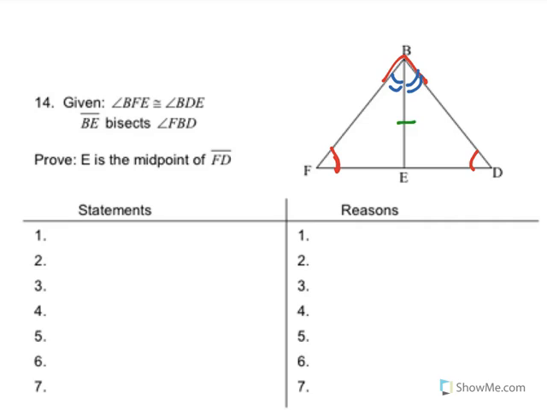And so we have an angle, and a side. So that should be enough to prove what we need. Because once we do that, we can use CPCTC to show that these two sides are congruent. And then once we do that, we can say that E is the midpoint of FD. So let's go ahead and write it out.